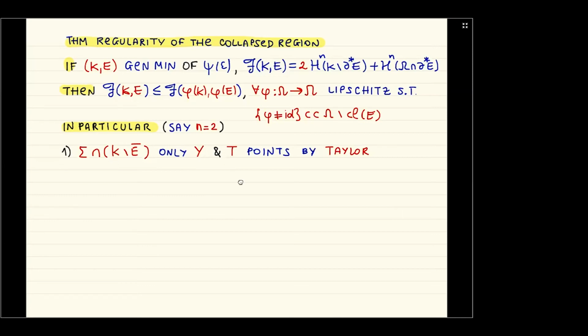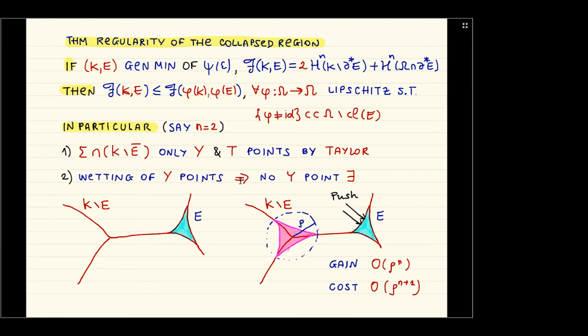And then we can do even better. Let's say that we have this situation: the collapsed region K has a Y point, like I've been drawing here, and this is the wetted region E. But I can show, by using what we call wetting competitors near Y points, that no Y points can exist. Why? If I have a Y point, as in this picture, I can build a competitor.